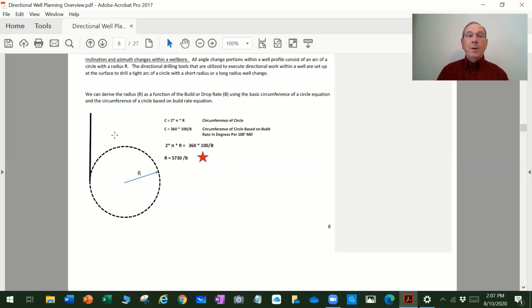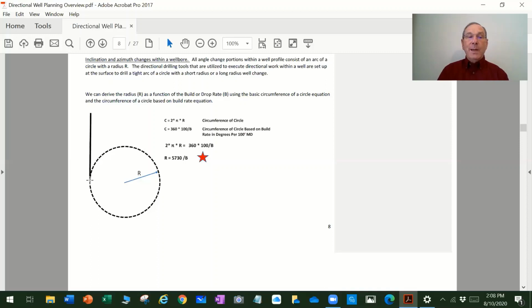Even if we were to use a 10-degree build rate, let's just say if we put a 10-degree build rate into this equation, you could divide 10 into 5,730, and you would see that it would take almost 600 feet in order to go from vertical to horizontal. So this distance from the kickoff point that you started building angle at 10 degrees per 100 feet to the point that you got horizontal, your radius would be 600 feet.